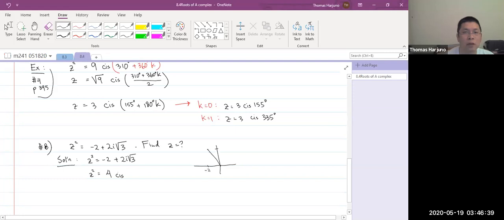So this is negative 2. This is 2 radical 3. So it must be the 60 degree thingy. This is 60 degrees here, right? So this must be 120 degrees, which I will write as 120 degrees plus the coterminal.